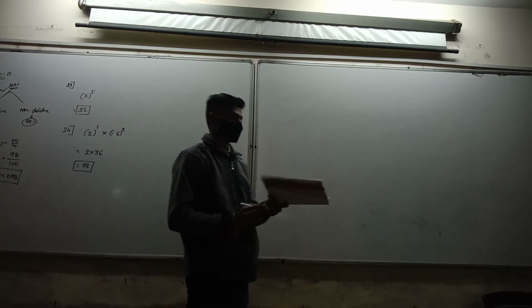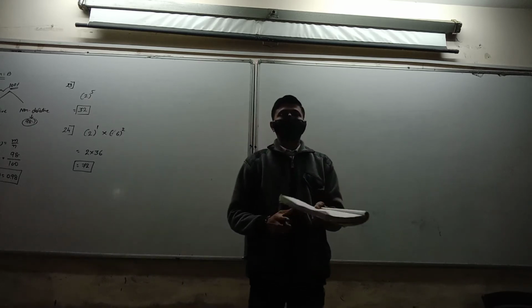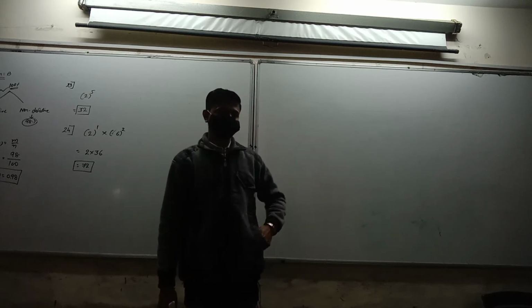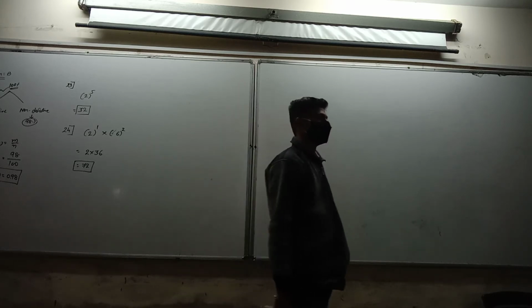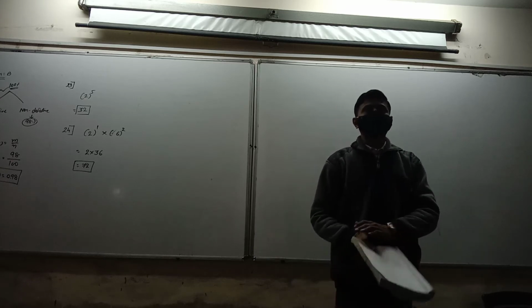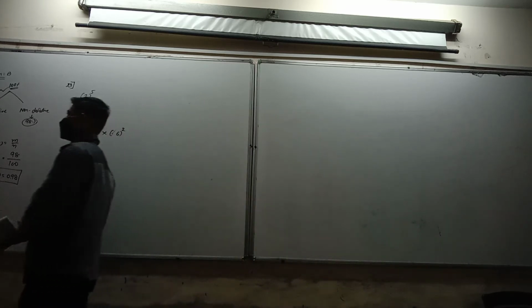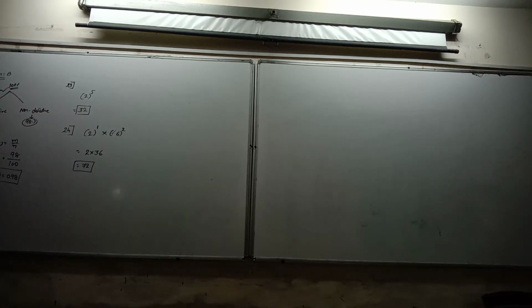Write down 2 raised to 1 into 6 raised to 2, 6 square. New line, 2 into 36 is equal to 72 ways.